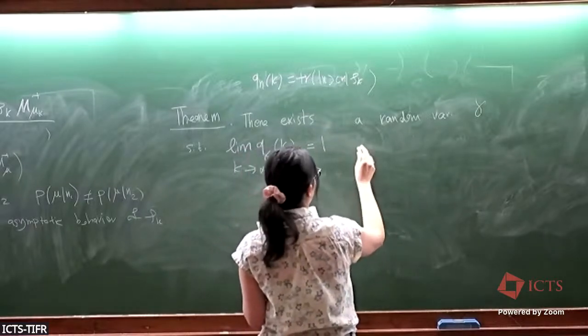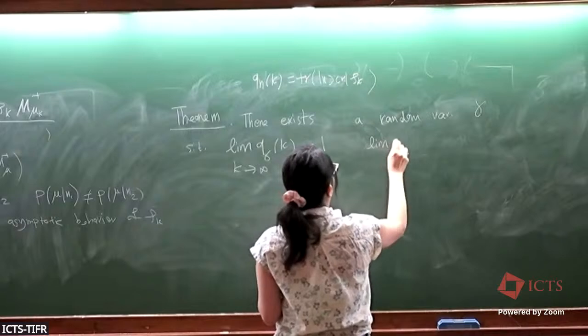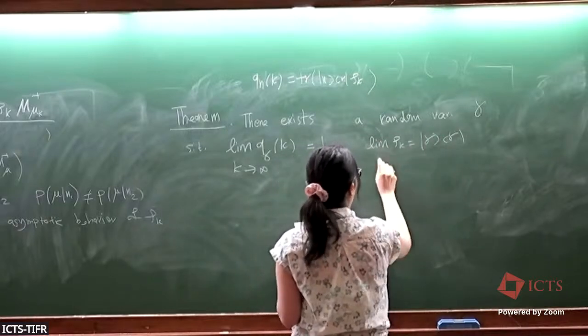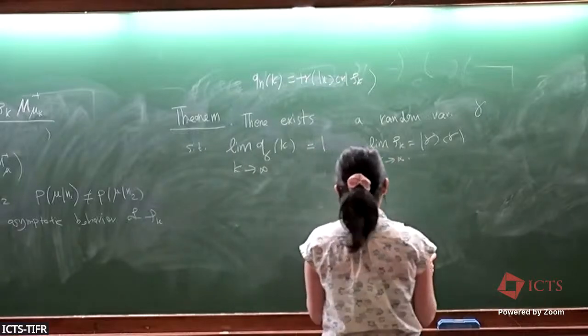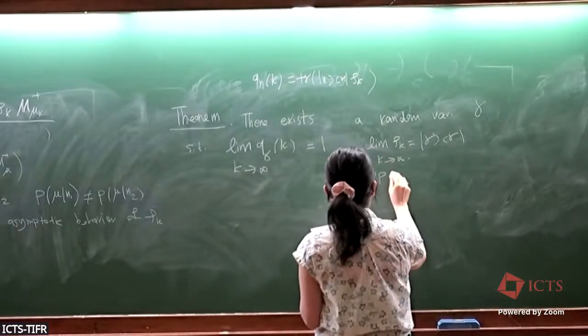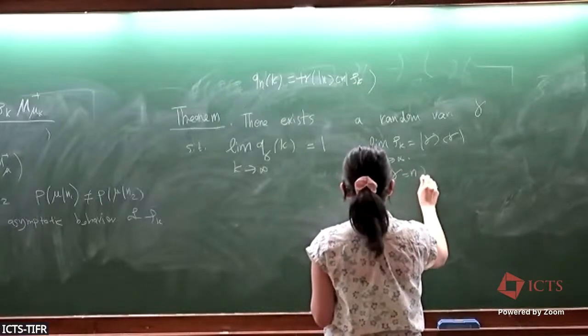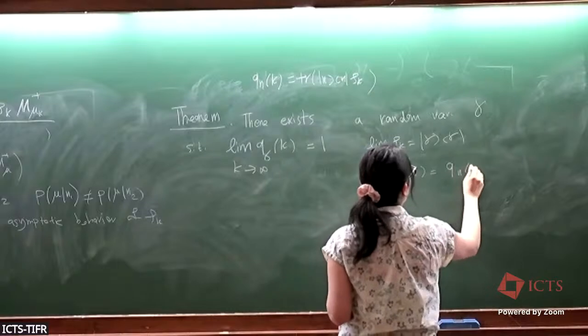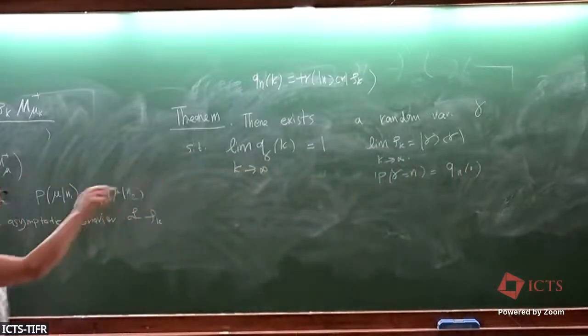So in this case, the limit of rho k is equal to delta gamma. And they also give the probability to get gamma equal n, which with this notation should be Qn0, right? Similar to the theorem that I gave in the slide.